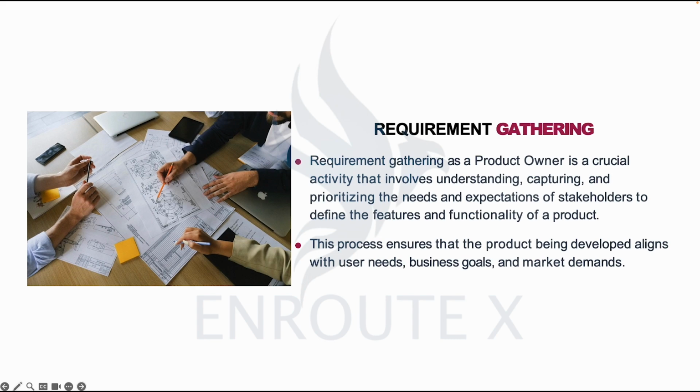So requirement gathering as a product owner is a crucial activity that involves understanding, capturing, and prioritizing the needs and expectations of the stakeholders. So what are the key words here?